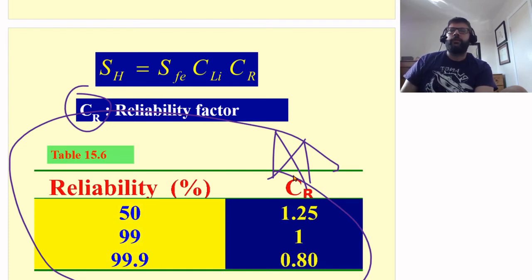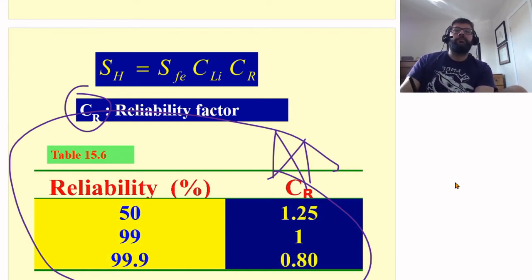So I don't know why they didn't keep the C_R on the bending strength calculation and use K_R here, but whatever. I didn't write the textbook.